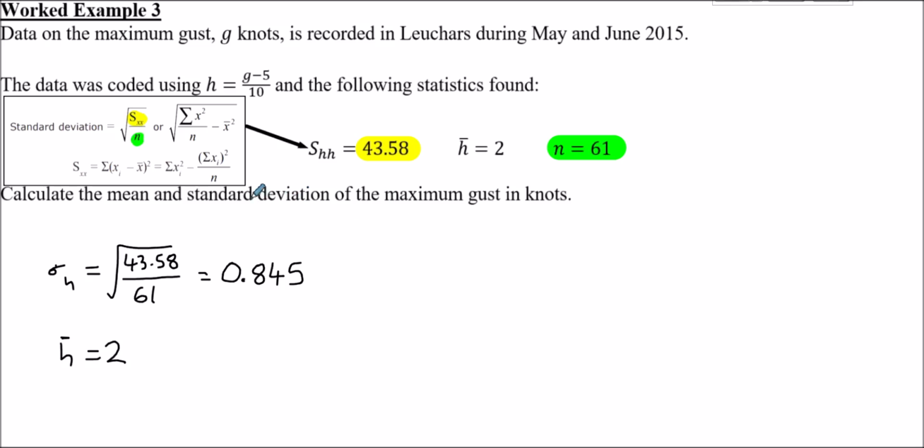But we want to work out the mean and standard deviation of the maximum gust in knots. So if we're working out maximum gust in knots, we want to work out the original data, which was g. So we need to uncode it. So what we need to do now is to go back to what g was by a rearrangement of this formula for how we got h from g. So again, what we need to do is remind ourselves of these two formulae for going back.